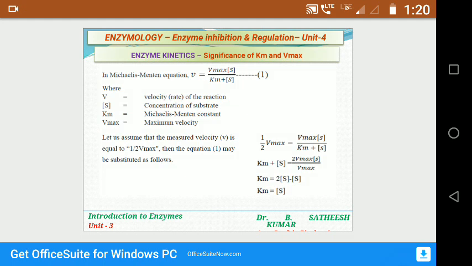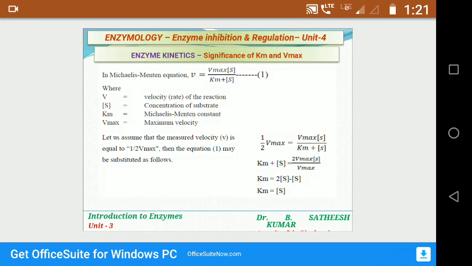To measure the Km value, we have one method where we say that if the velocity of the enzymatic reaction is equal to half maximum, then what happens?